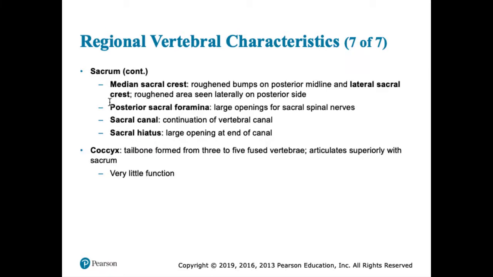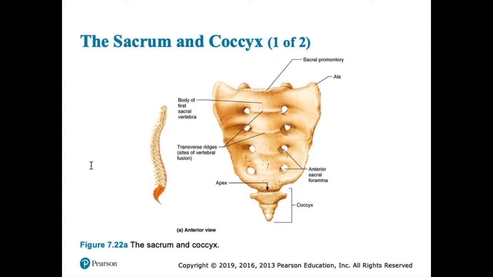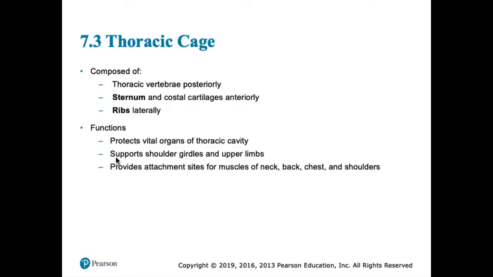The sacrum, of course, has a median sacral crest, posterior sacral foramina, the sacral canal, and the sacral hiatus. And the coccyx is the tailbone, formed by 3 to 5 fused vertebrae, articulates superiorly with the sacrum, and there's very little function to the coccyx. So that's the coccyx and where it's located and the different processes associated with those.